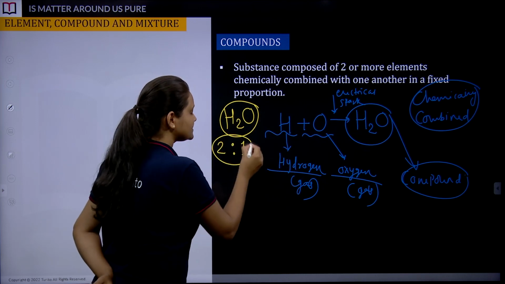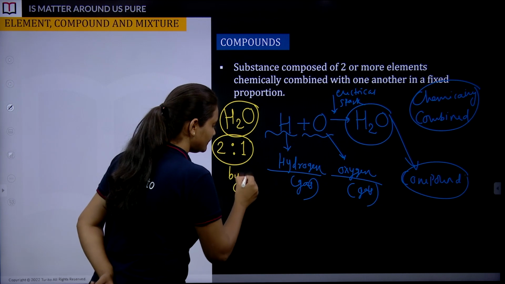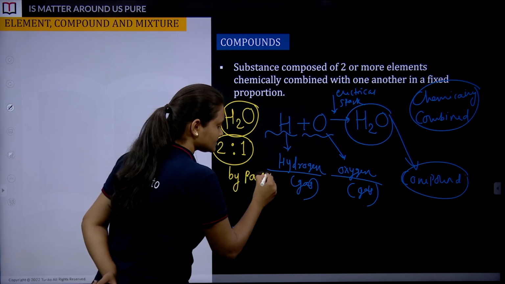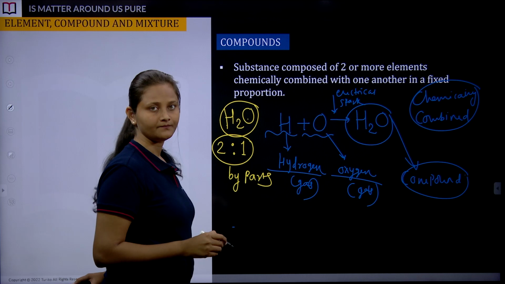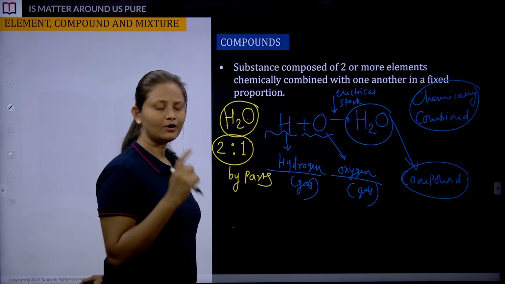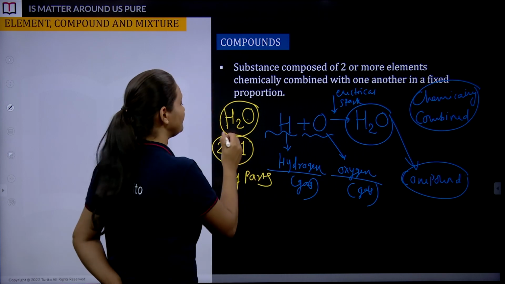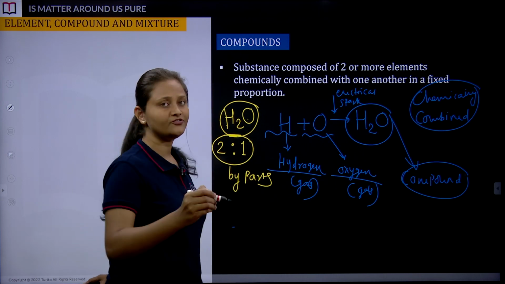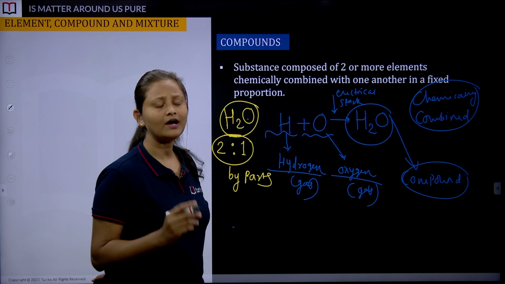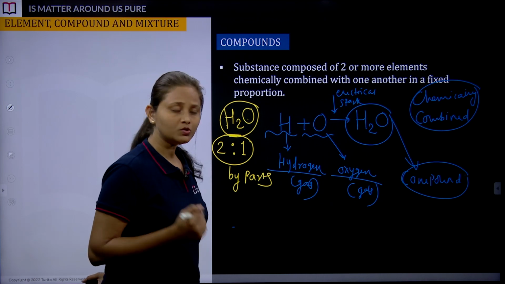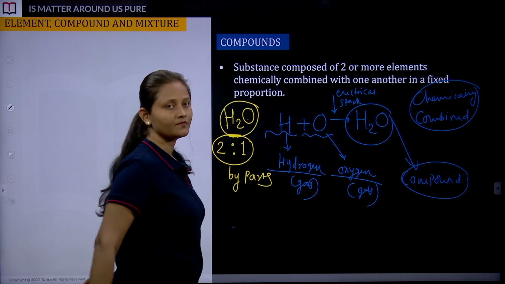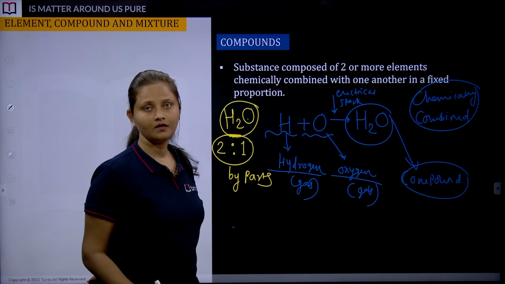So this is the ratio by parts of hydrogen and oxygen. 2 parts of hydrogen are chemically combined with 1 part of oxygen, and that's how I get this compound, H2O, dihydrogen oxide, dihydrogen monoxide. So this is your water.